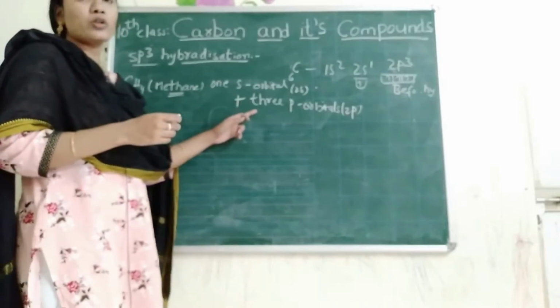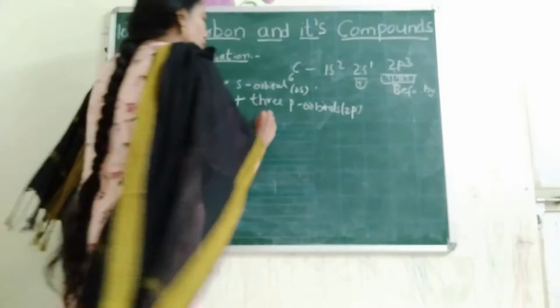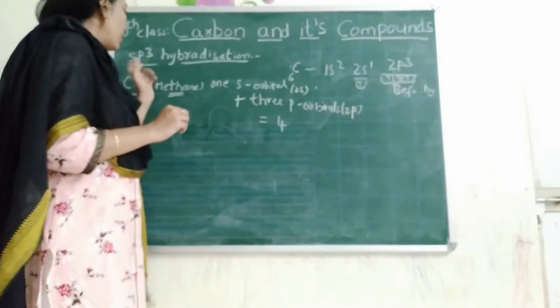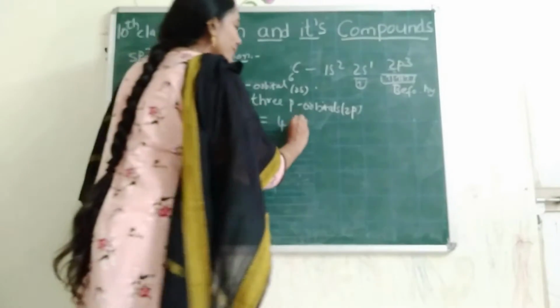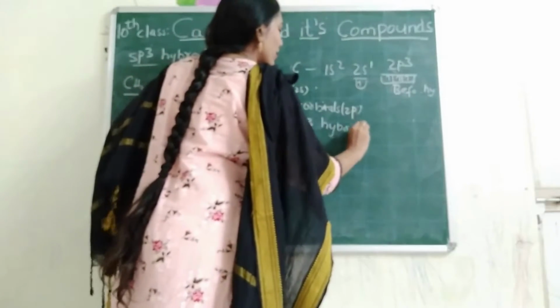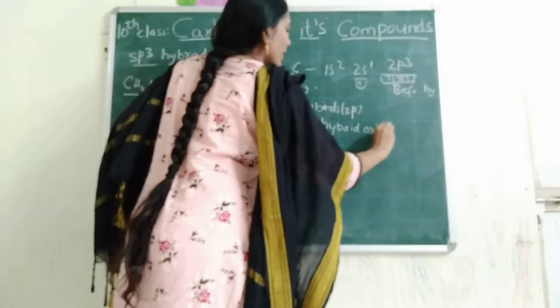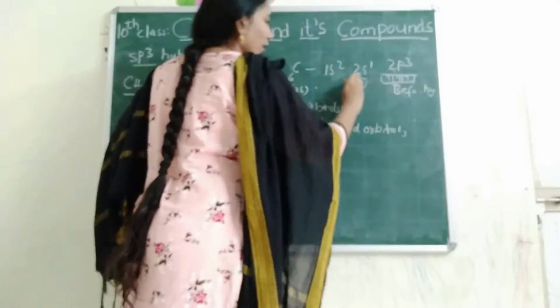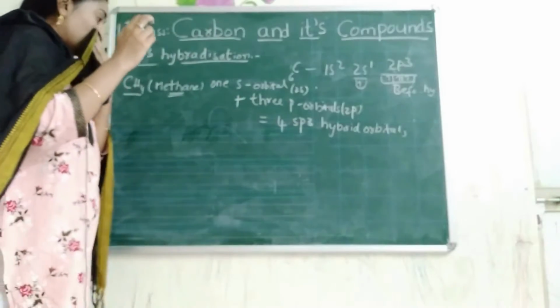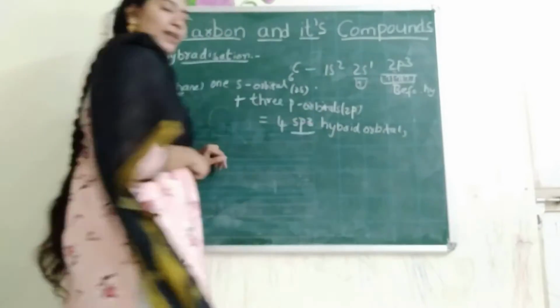So 1 plus 3 is equal to how many? 4. They intermix to form 4 sp3 hybrid orbitals.